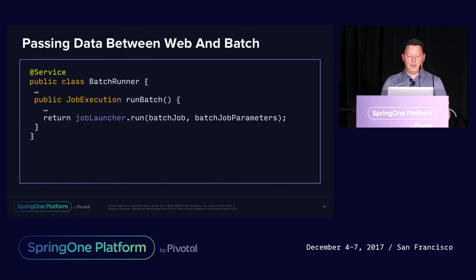Passing data between the web and the batch. So really all you need to pass from the web tier to the batch is enough to fill this batch job parameters in the job launcher run. And all we really needed was input file, user it's for, and list of the different products that they're trying to order.